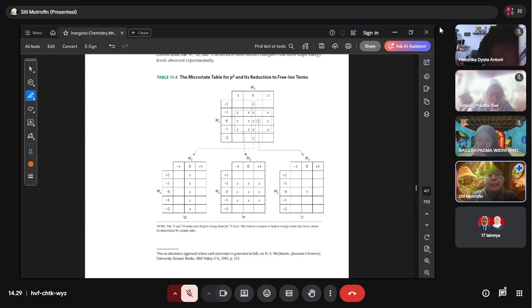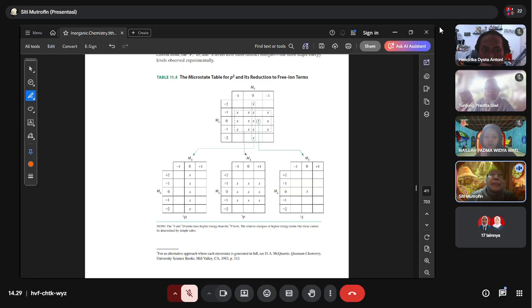By the way, I find an easier way to find out how many free ion terms can be reduced from the microstate table 11.2. First of all, see the ML column. The ML column has a maximum of +2 and -2.